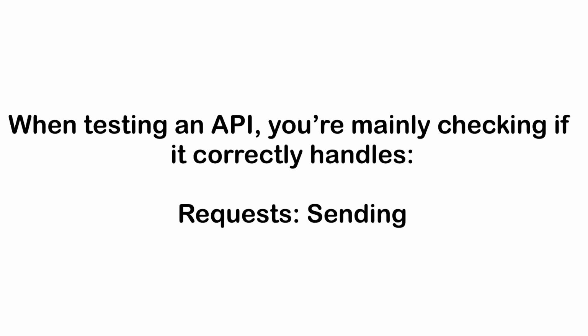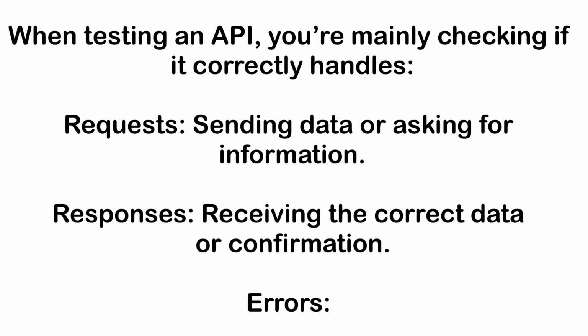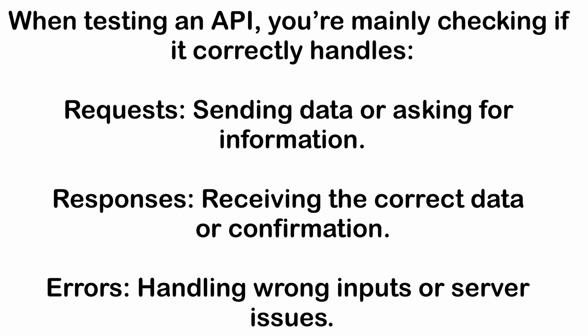When testing an API, you're mainly checking if it correctly handles requests, sending data or asking for information, responses, receiving the correct data or information, and errors, handling wrong inputs or server issues.